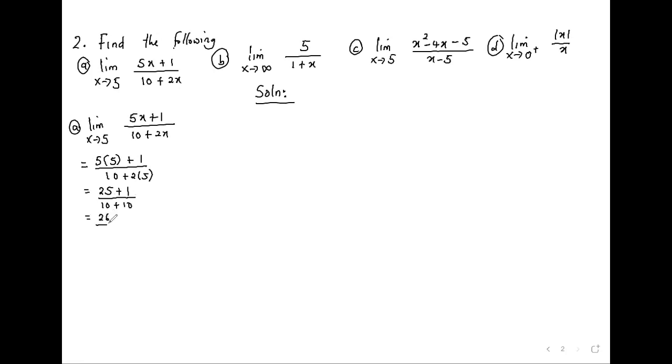We get 26 over 20. Looks like 2 can go 13 times over 10 times.